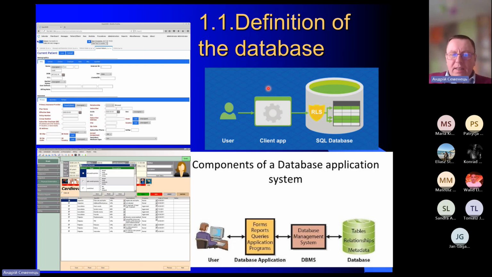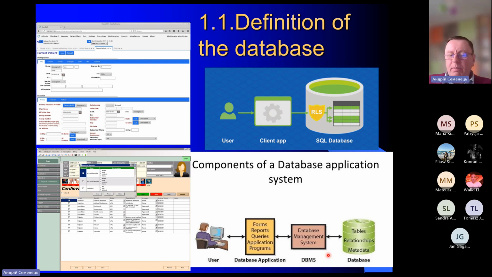So what is behind their client app? If it's a database, or here in this case, we are talking about an SQL relational database. For me it's better, this picture better reflects the real case when we have a user database application, but behind this we have two components.